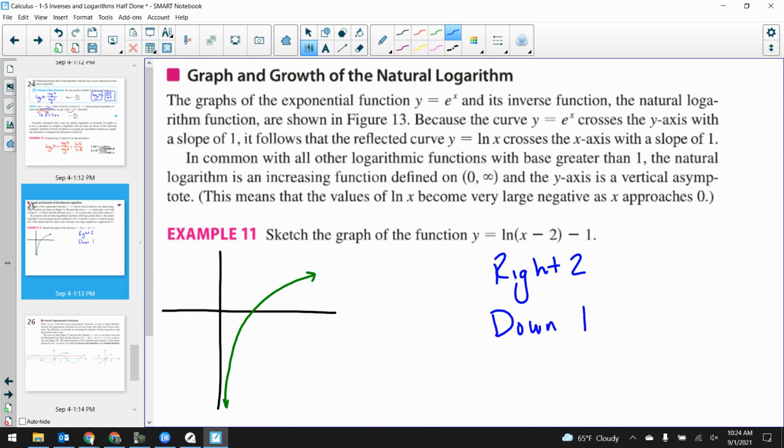Good, right 2, down 1. So I'm going to make this go right 2, down 1. The asymptote was at the axis, so I'm just going to say, okay, right 2, the asymptote is now here. That's my new asymptote. It's going to start here and then just go down 1. Shifting it down 1, you're not really going to see very much because it's just shifting my x-intercept down a little bit more.